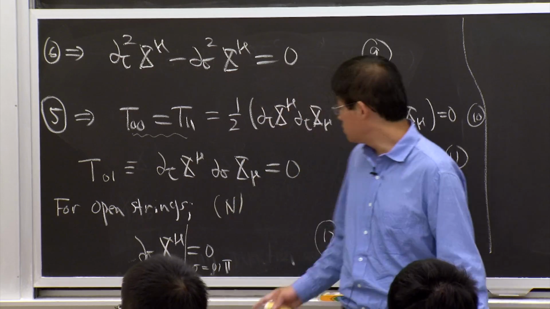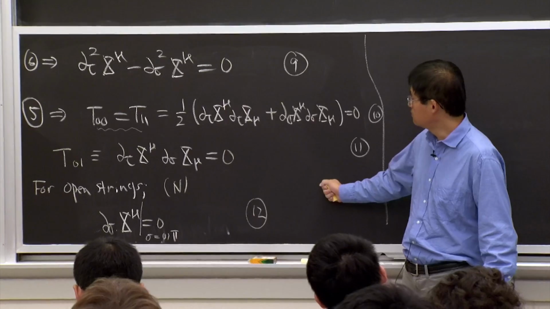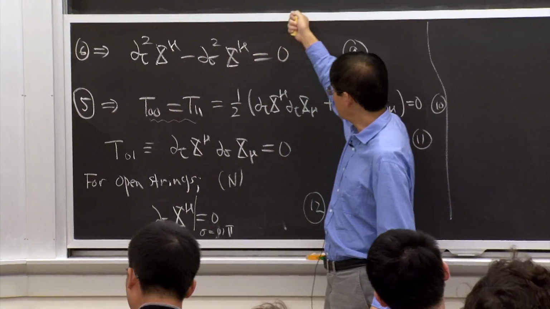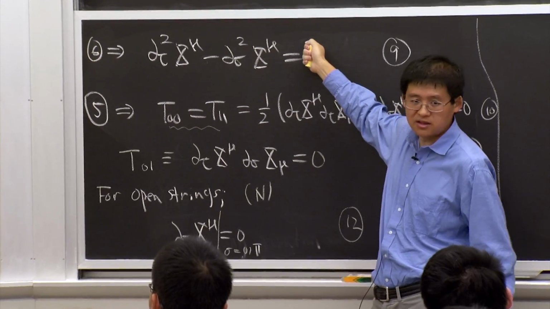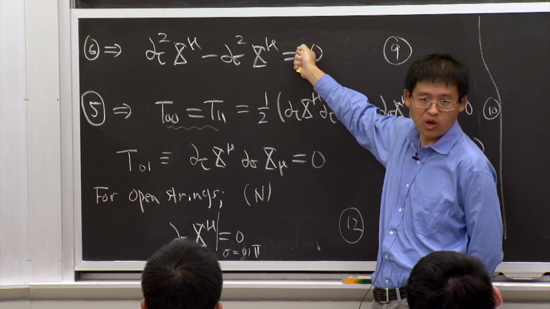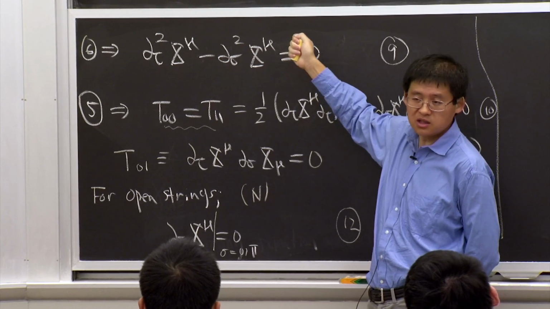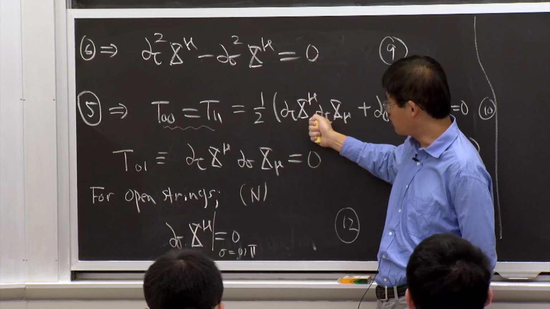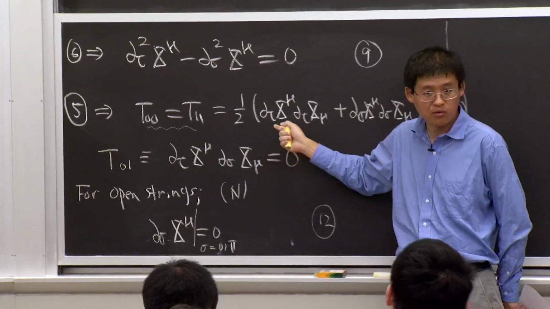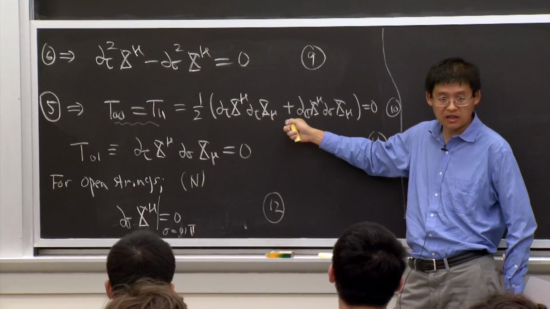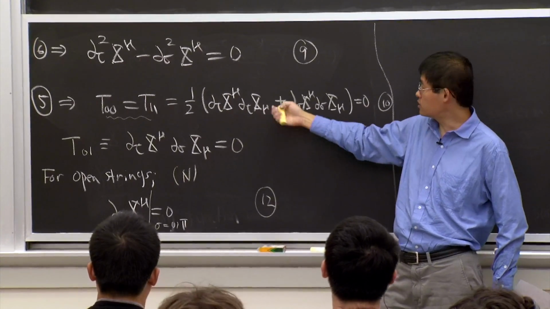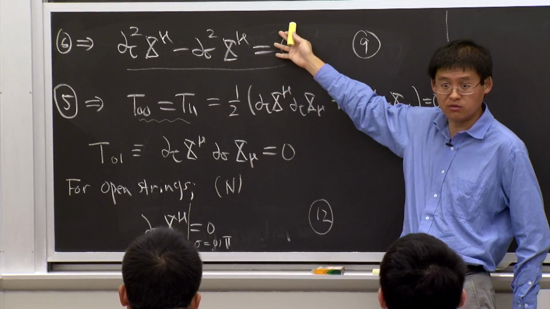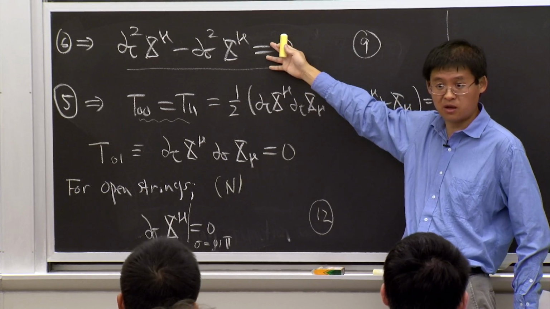Good? So let me emphasize again. In this gauge, we just have a free scalar field. This is a standard wave equation in 1+1 dimension. But we're not quantizing a free scalar field theory, because we still have to solve these two equations. And these are constraints. In principle, you completely solve the wave equation and get x completely.